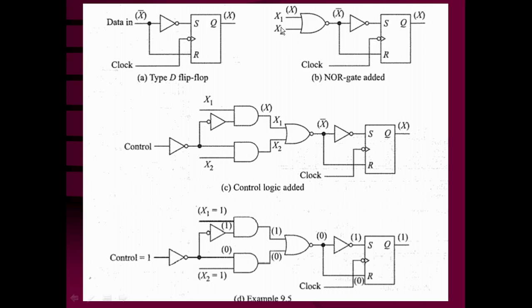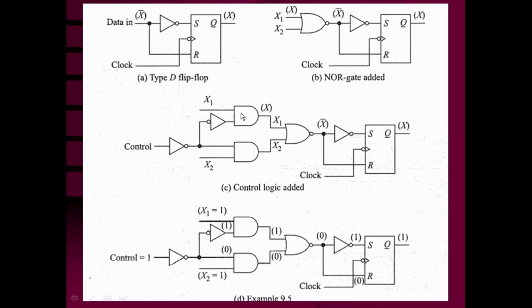Now prior to this NOR gate, X1 and X2, there are two inverters and two AND gates, which will determine whether the data is going to be entered to X1 or to X2. If the control line is going to be high, double inversions make no inversions. That means the control line is high.